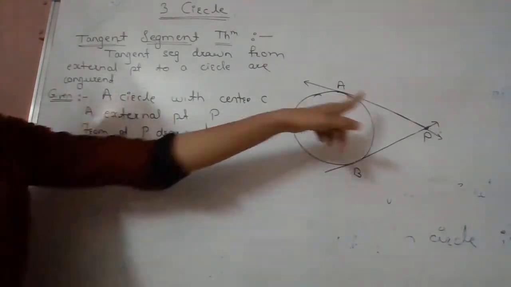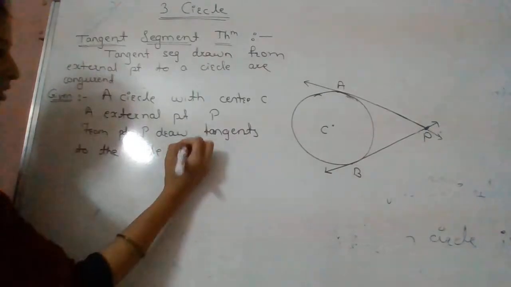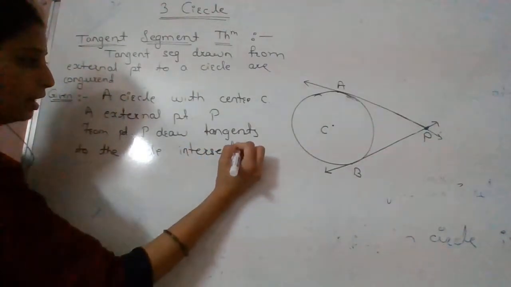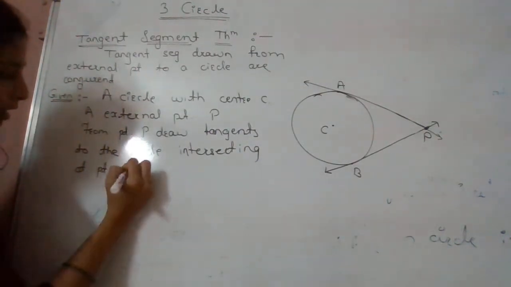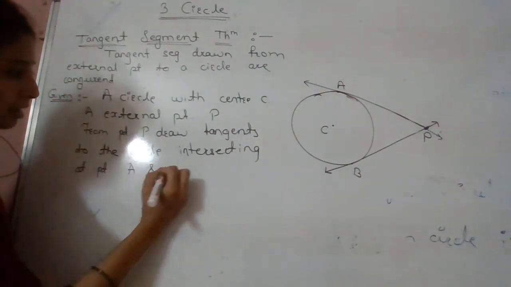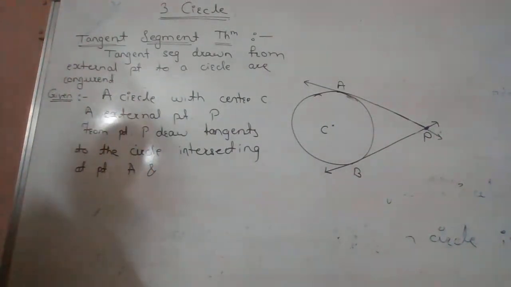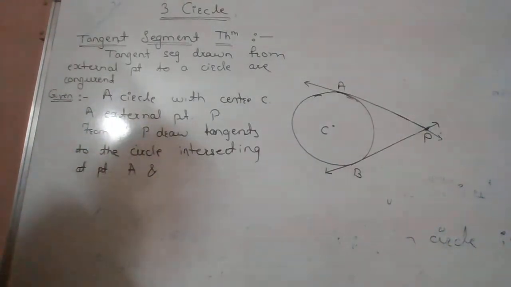Obviously, where they are intersecting, write down that point. Sorry, write it properly: from point P, draw tangents to the circle.